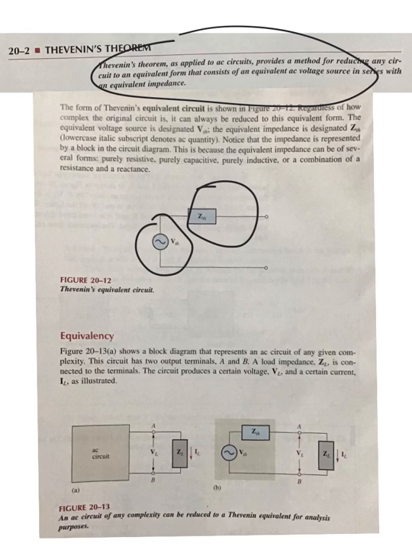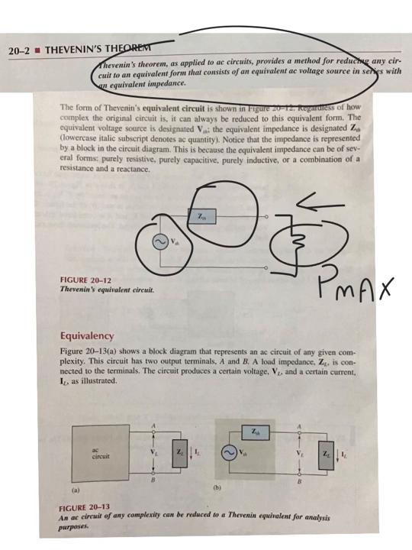And again, it works really great when, in the next section, you'll be talking about maximum power being delivered. If you want to know what you can plug in here in this black circle to get maximum power, for example, an audio amplifier, then you have to design your circuit to have a Thevenin out there to match the speaker that you're plugging in.